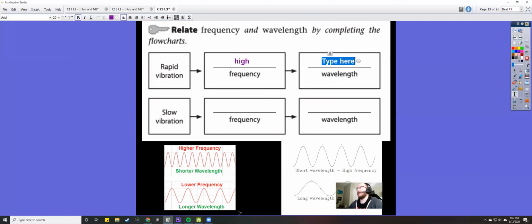So that means high frequency, and again, that means low wavelength. And it's just the opposite for a slow vibration. Slow vibration is going to give you low frequency and a high wavelength.